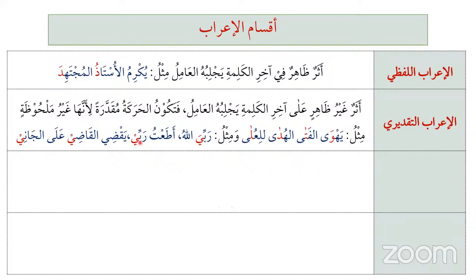So the fatha will be assumed to be muqaddaran. It'll be there, but behind the scene. It'll be assumed. It won't be evident. It's not visible. So these are the second type of words where the i'rab will be taqdeeri.